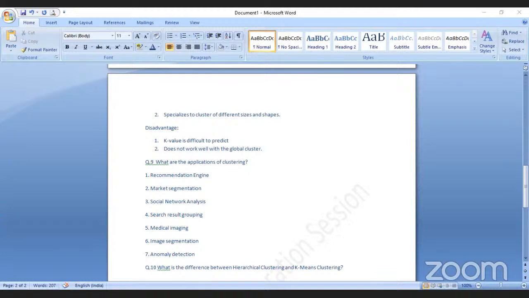So how do we choose between k-means and hierarchical clustering? If there is a specific number of clusters in the data set, but the group they belong to is unknown, then we choose k-means.